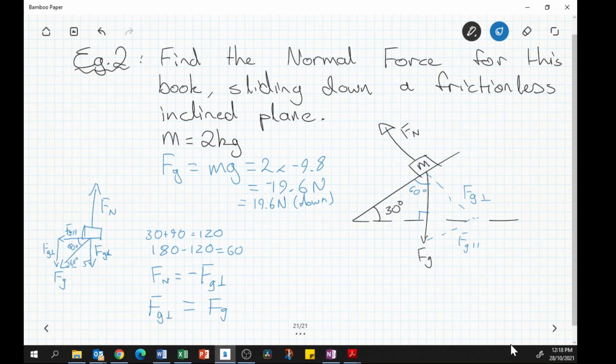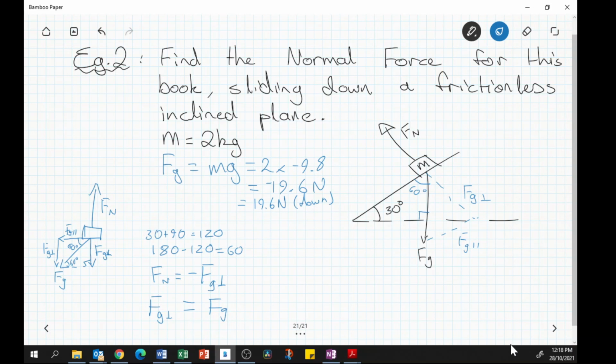But over here, Fg perpendicular is opposite our angle of 60 degrees. Also, again, 30 degrees must be tucked in there. 30 degrees must be up here. So you can imagine this as being 30 degrees. It's adjacent to 30 degrees. So if you use 30 degrees, you use cos. If you use 60 degrees, you use sine. It doesn't matter which one you use as long as you're following those rules correctly.